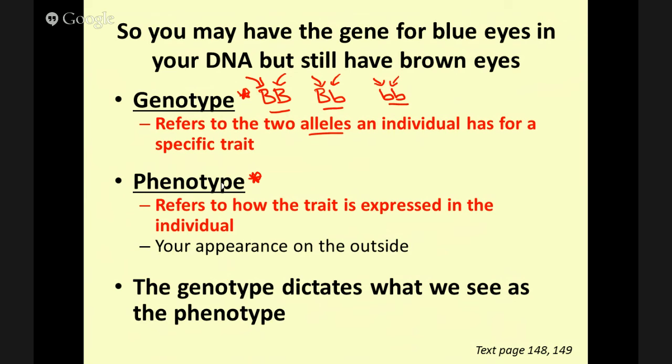Now, the phenotype is what they look like. So for our BB, the phenotype would be brown eyes, right? For our big B, little b, the phenotype would be brown eyes. And for little b, little b, the phenotype would be blue eyes. So if you're asked for the phenotype, you're telling the person what trait is expressed on the outside.